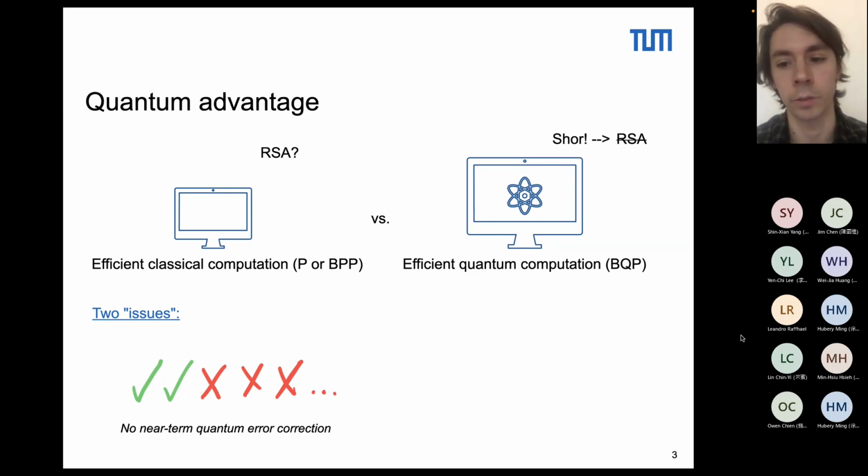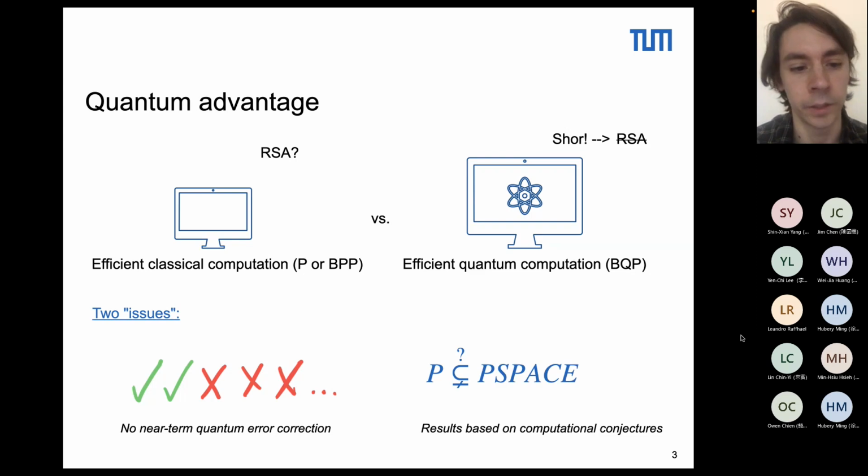So the longer the computation runs, the more errors accumulate and corrupt the result. The second drawback is that since these complexity classes are quite rich and large, it's very hard to prove unconditional results. Most results are based on computational assumptions or conjectures, where we reduce the difficulty of one problem to another, but we cannot prove it with certainty, like in the case of integer factorization.